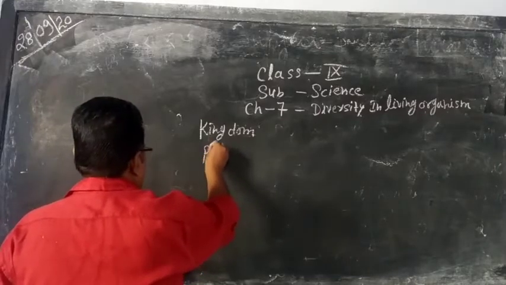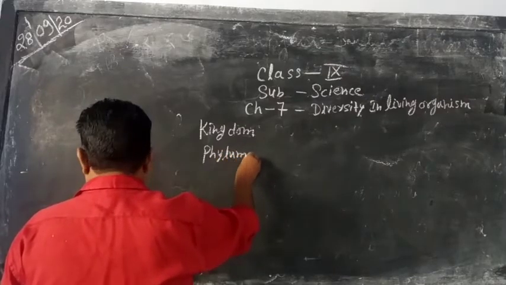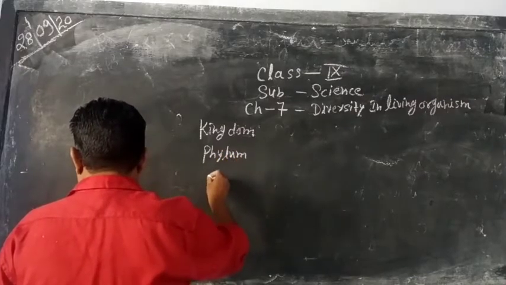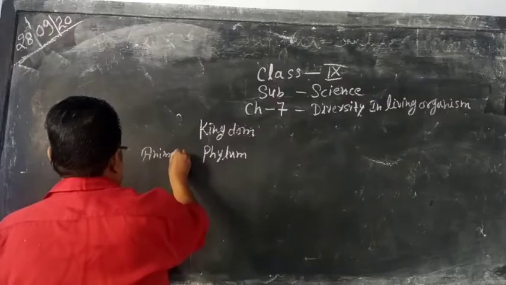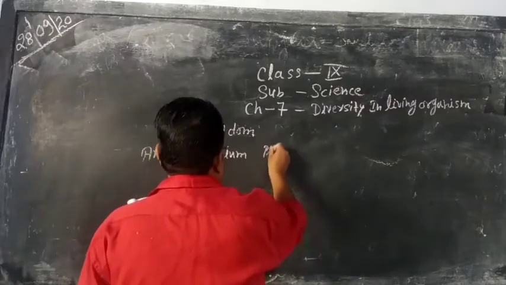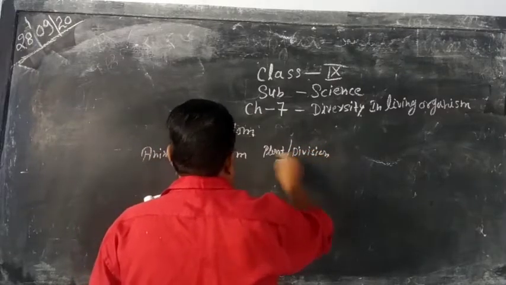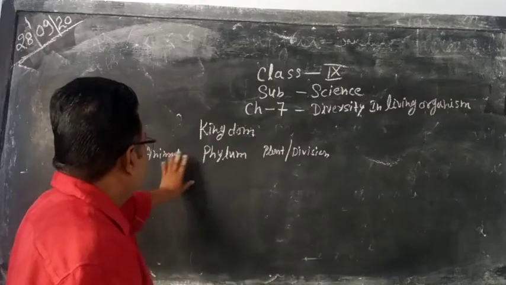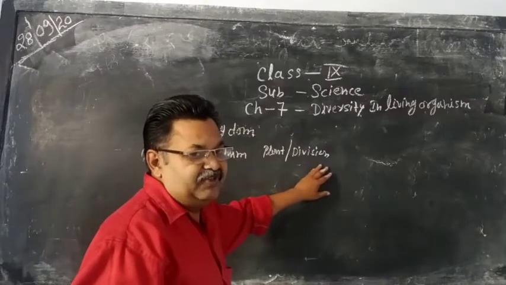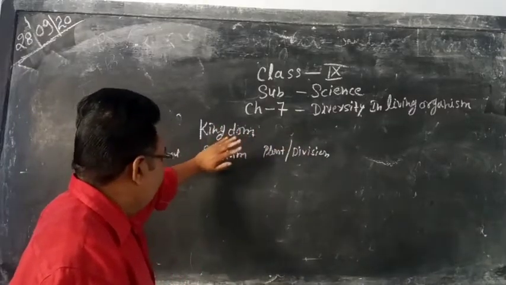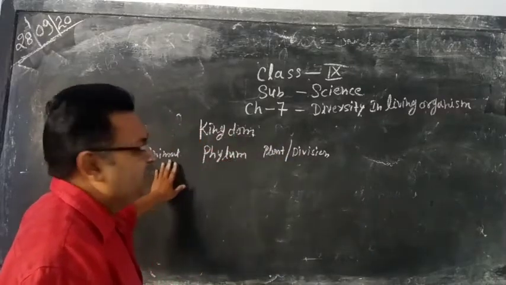Kingdom is further divided into different phyla. For animals, it is known as phylum, and in plants, it is known as division. So division and phylum are the same thing. The kingdom is further divided into divisions in plants, and into phyla in animals.